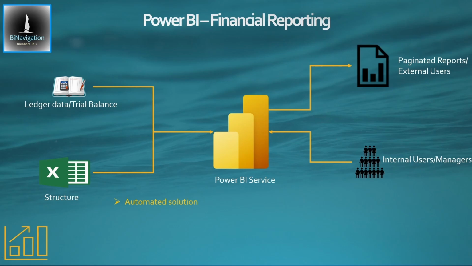The data will move from your ledgers and the structure overnight, typically. It can be done manually. You can have a single refresh, but it can be automated so that it just refreshes overnight.